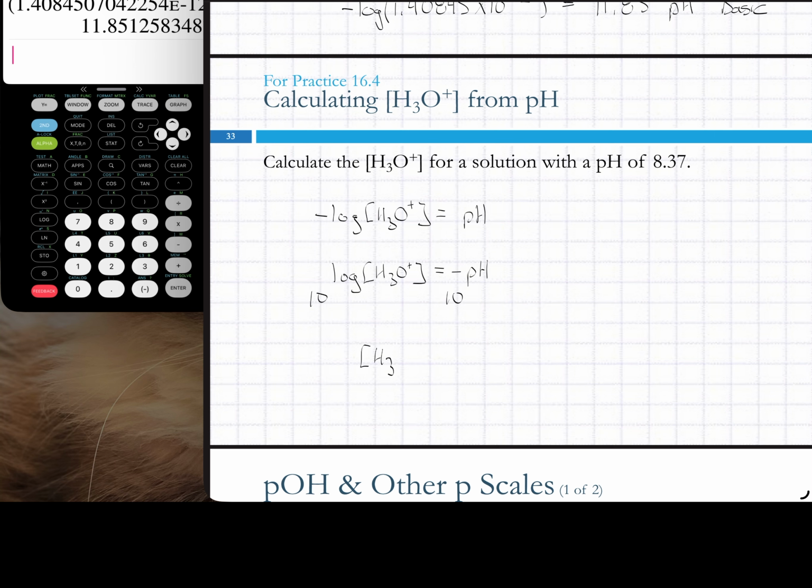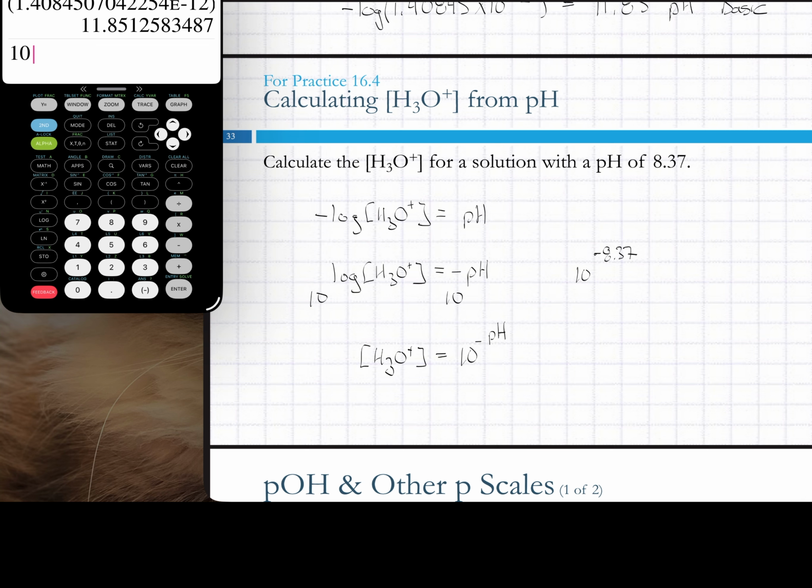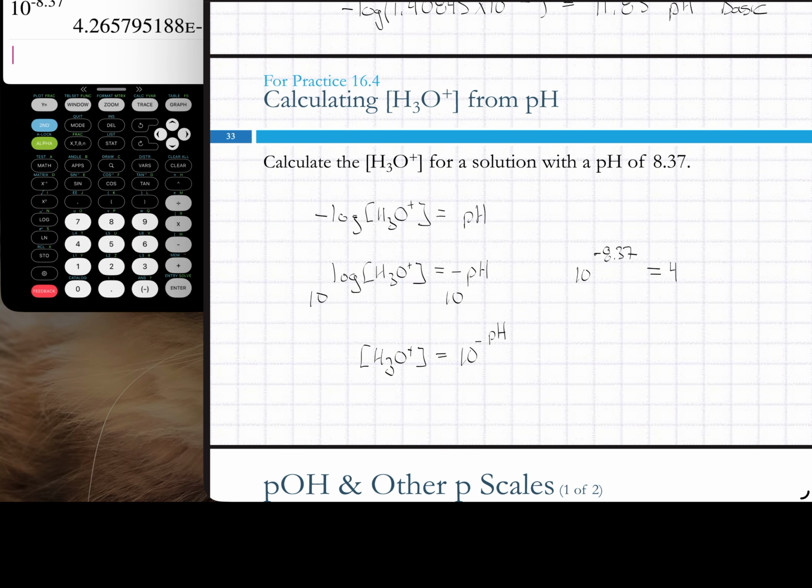So this is just H3O plus equals 10 to the negative pH. So 10 raised to the negative 8.37, oh, this is only 2 sig figs. Negative 9.